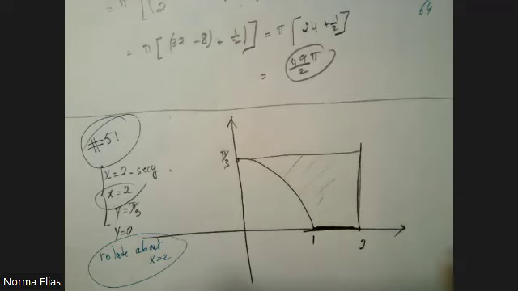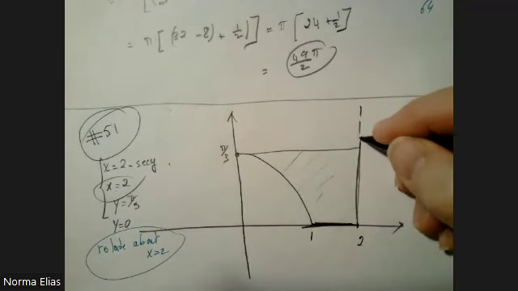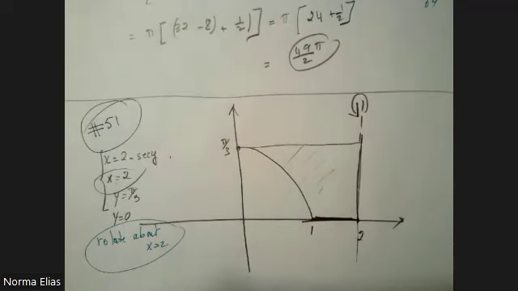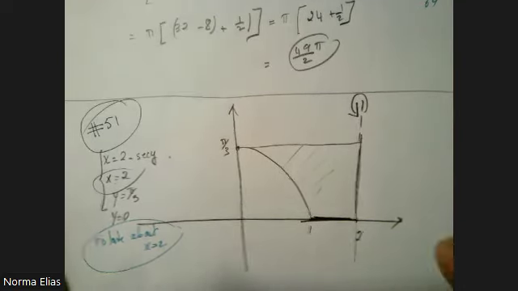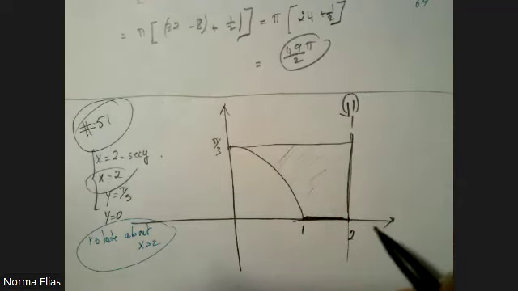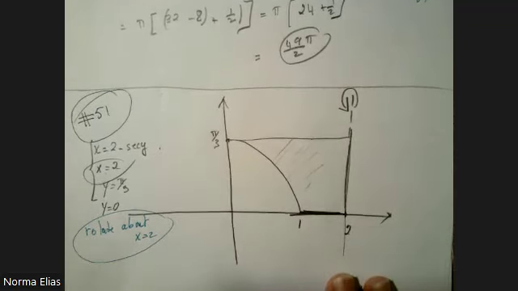So my axis of rotation is parallel to the y-axis. So this is the region, and I am rotating it around the line x equal to 2. And the question is, find the volume.